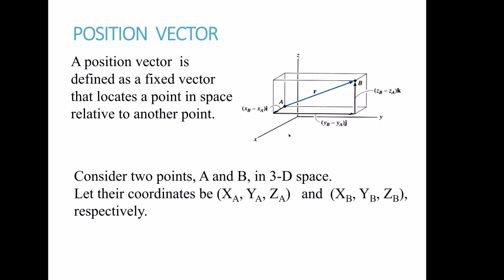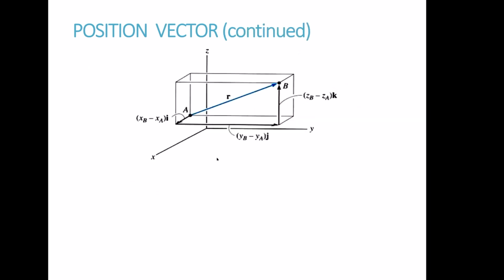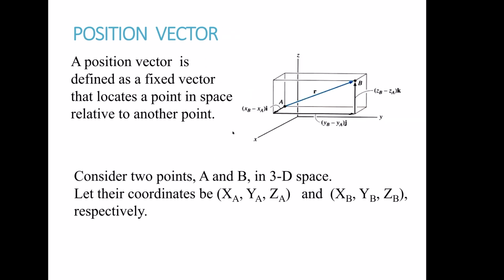Same idea as before, and we have another concept to pay attention to here. You really have to start off with some origin and some coordinate system, and we're going to use our X, Y, and Z, or the Cartesian coordinate system. But let's say that you have A and B in 3D space, okay?